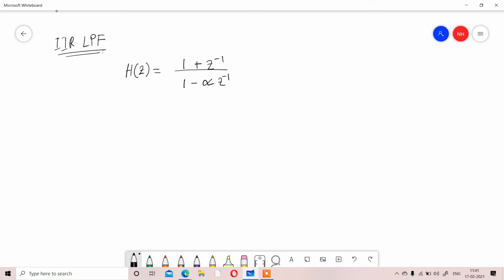Now the matter is that 1 plus Z inverse, the numerator, basically defines your FIR low pass filter.